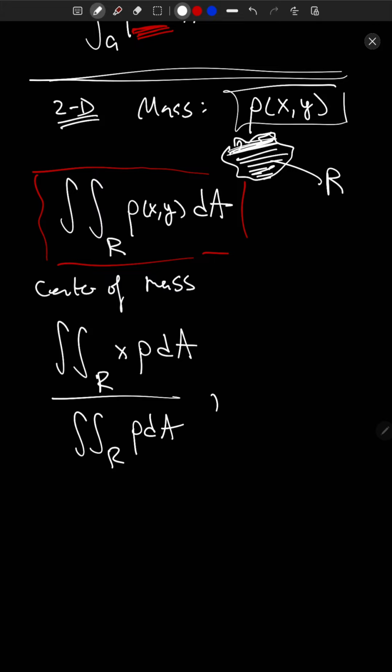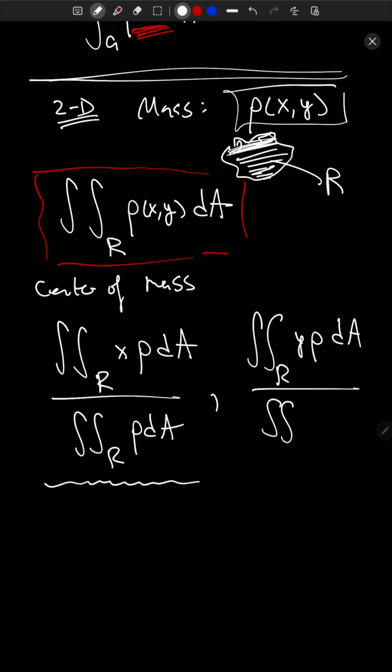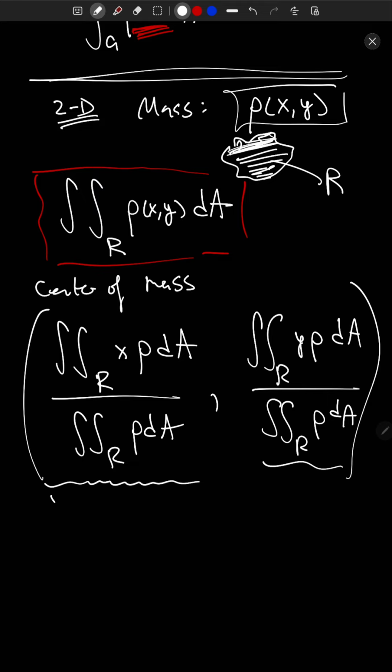Right, so this left-hand side here is the average x in a way. And then on the right-hand side here, this is the average y. So this would be the coordinates of the center of mass. Okay, so let me put this in quotes, average x, average y. And when I say average, again, I mean weighted average, weighted by rho, right? Because some portions of this flat plate are more important than other regions.